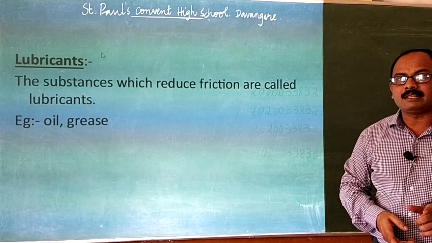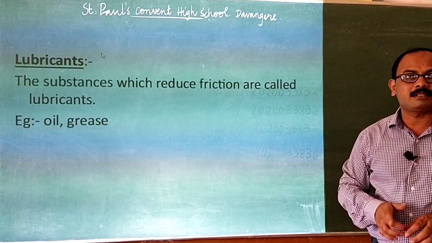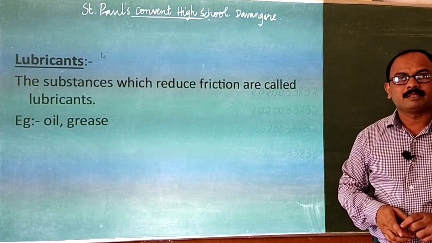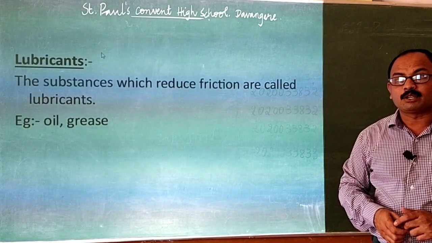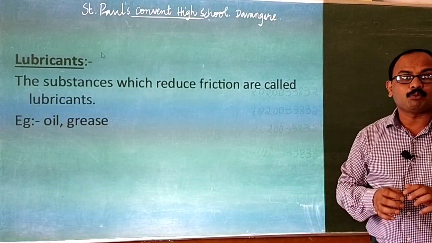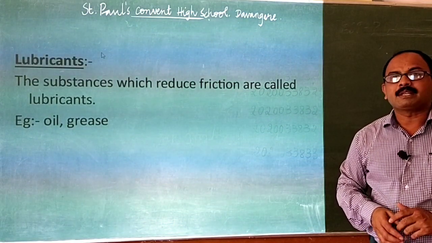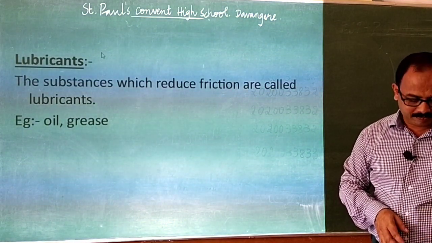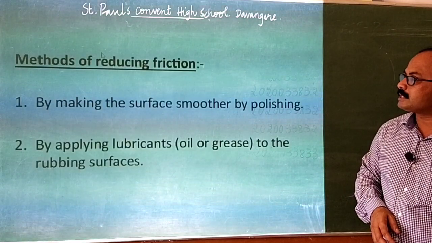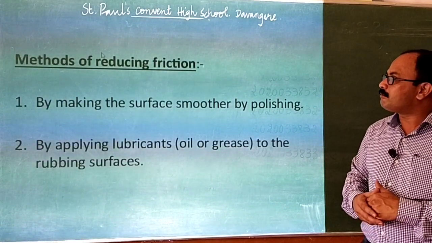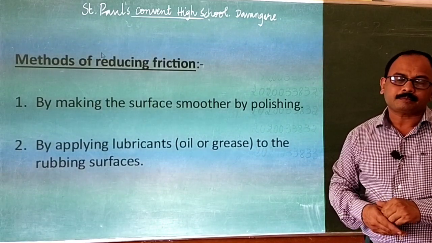Regularly you might have seen vehicles are serviced once a month or once in 15 days. They wash the vehicle, then apply grease and oil wherever necessary. That's about lubricants.